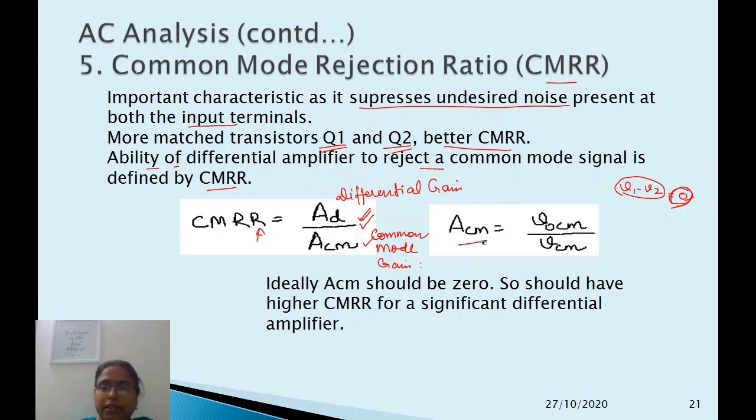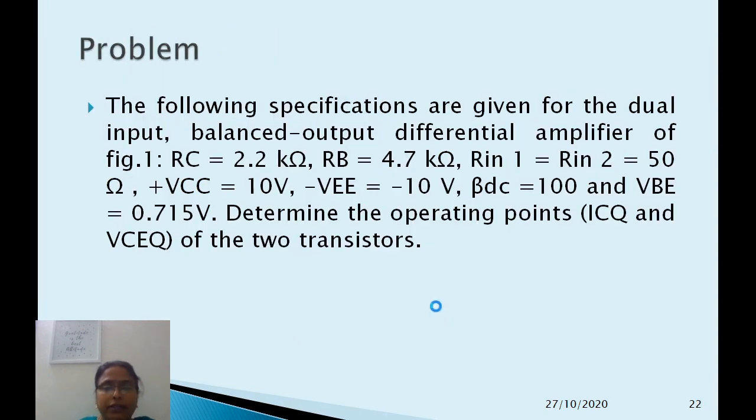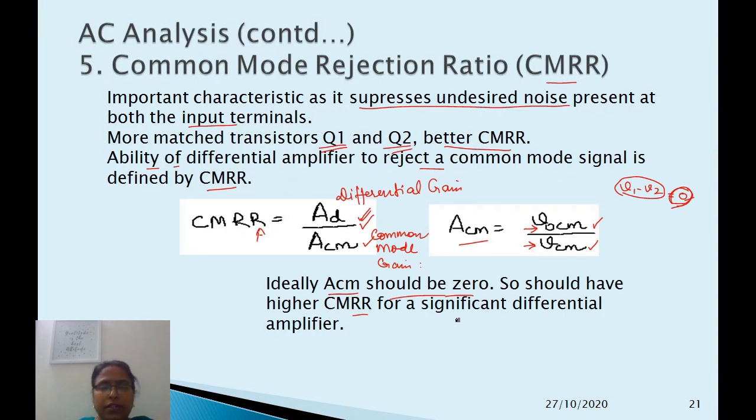ACM is equal to VOCM divided by VCM, that is, the output voltage due to the common mode divided by the input common mode voltage. So ideally ACM should be 0. So we should have a higher CMRR for a good differential amplifier, right? So these are the 5 characteristics which we have discussed.